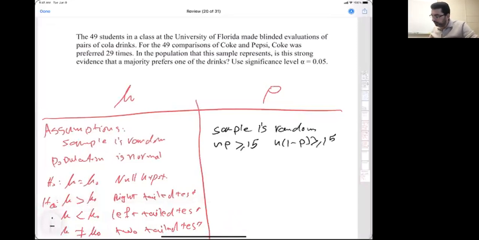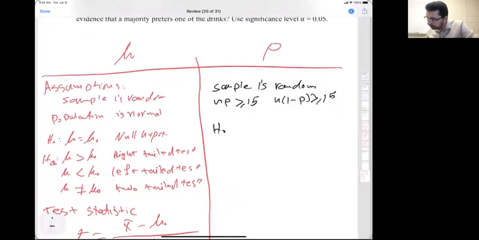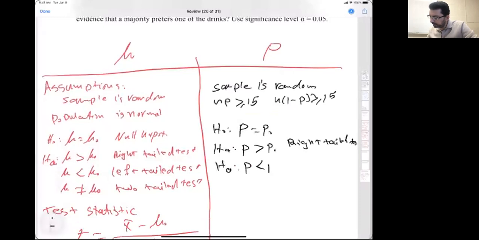Here also the null hypothesis is p equal to p naught. This is the null hypothesis. The alternative may be p greater than p naught, which means you have a right-tailed test, or p less than p naught, which is a left-tailed test, or you have not equal, which means a two-tailed test.